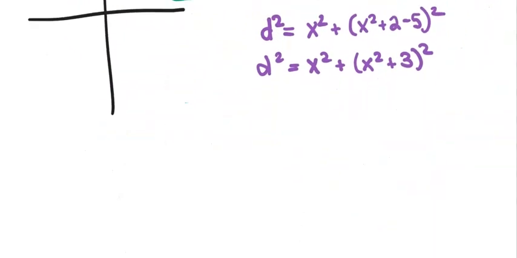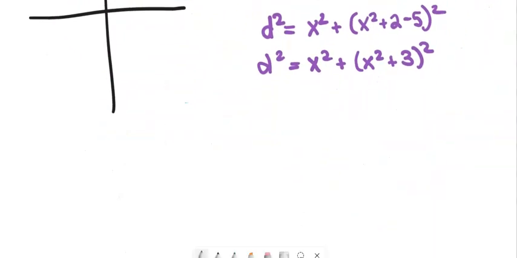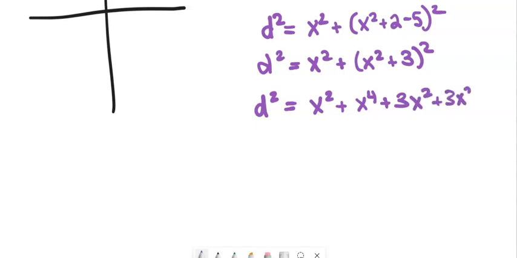Okay, now that I have that, I'm going to keep simplifying this. x squared plus 3, all squared, is going to give me x to the power of 4 plus 3x squared plus 3x squared plus 9. Combining my like terms, sorry, I missed a negative here.